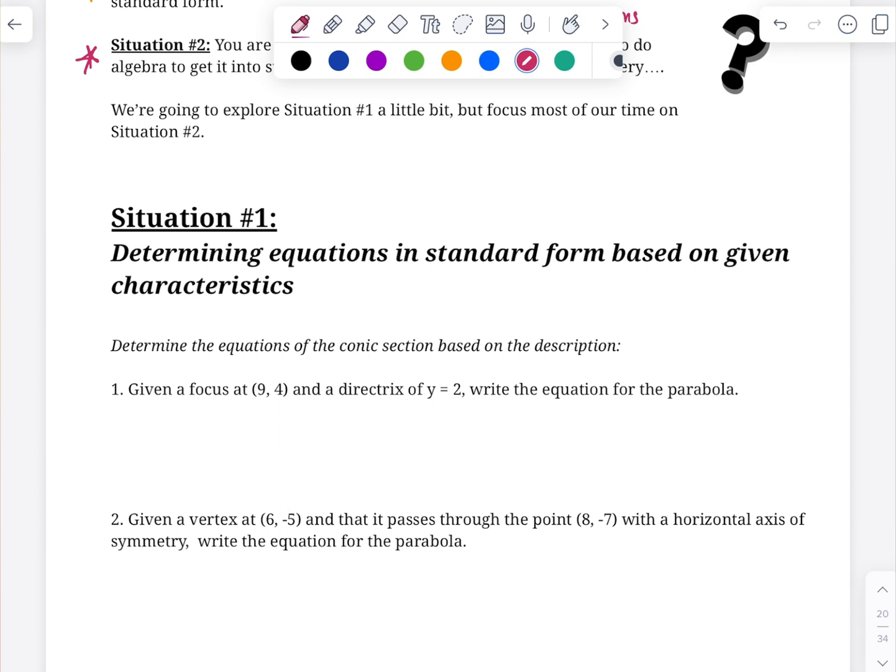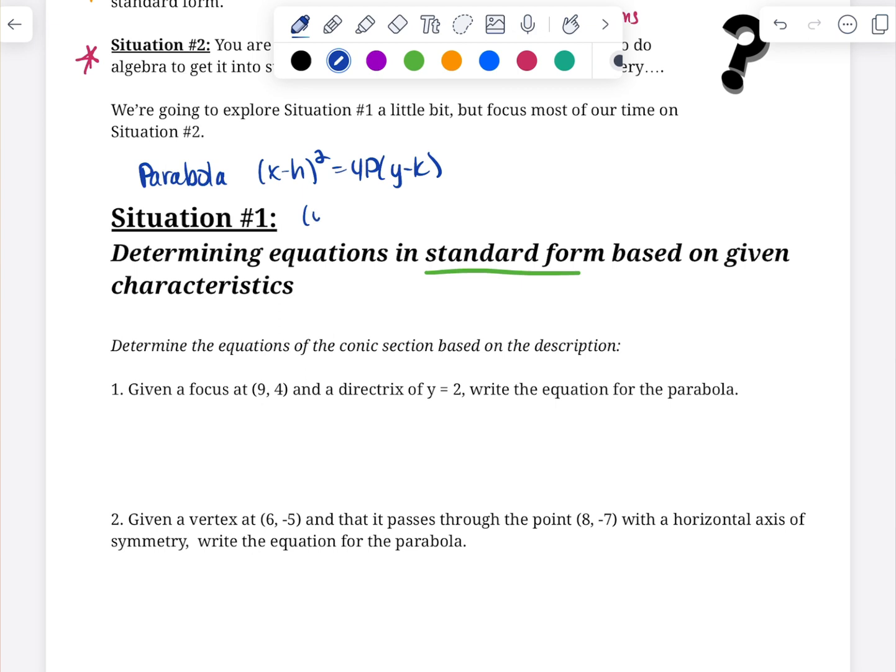So the first thing that you want to recognize is that you're going to make an equation that's in standard form based on that information. And we have a lot of different equations based on our different functions. For example, if we're dealing with a parabola, remember one version we have is x minus h squared equals 4p times y minus k.